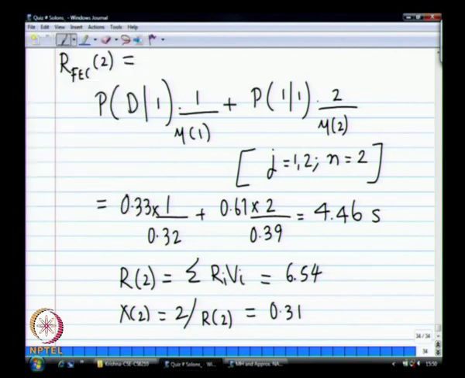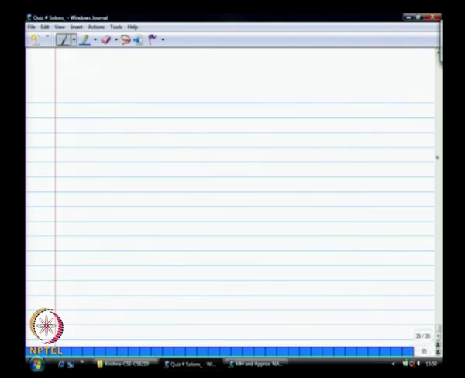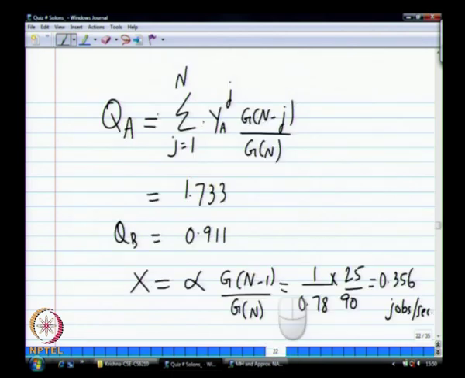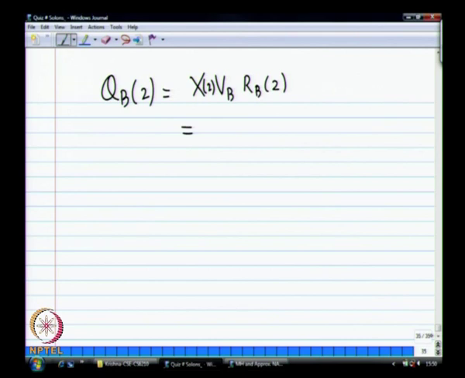Is that followed? Then we do all the updates. So QB of 2 is X of 2 into VB into RB of 2, and that is now updated to 0.64. So the queue length increases to 0.64.